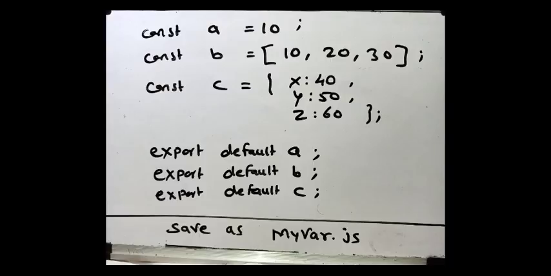If you use the words export default, you can use this outside this file. Export default A, export default B, export default C. Now I have exported all the three variables outside this file.